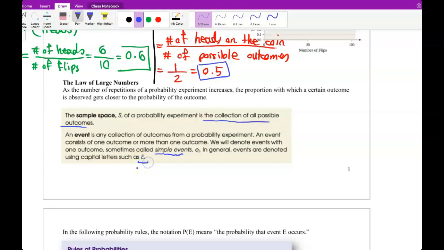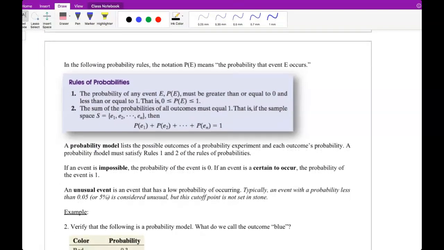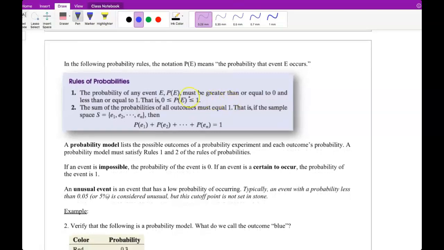We're going to use E for the event and S for sample space. And P of E is the probability of this event. So E is our event, and P is the probability of that event.